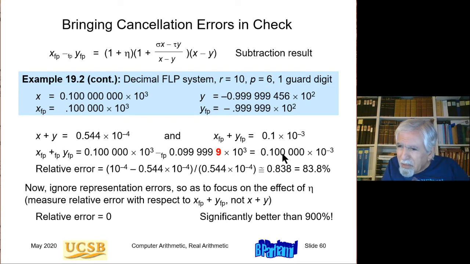So apparently there's no error here. For some reason I thought there was an error. So the result of floating point arithmetic actually matches the result of exact arithmetic on the floating point representations.